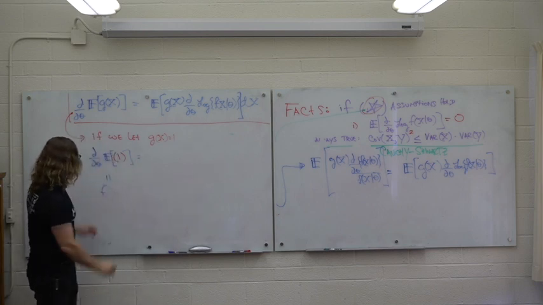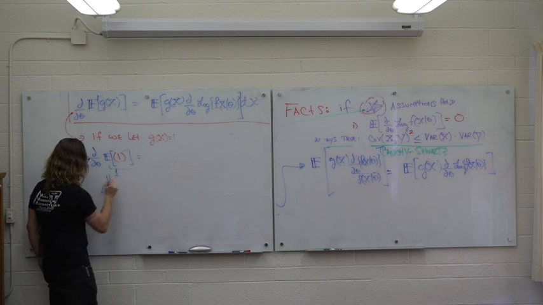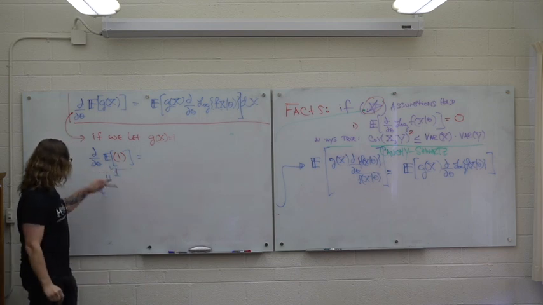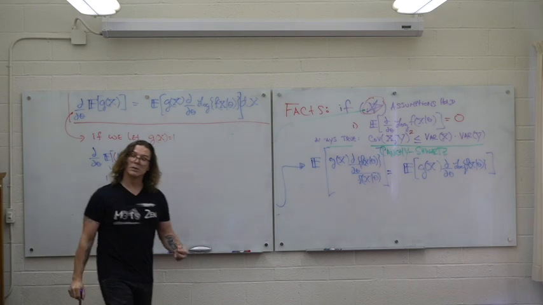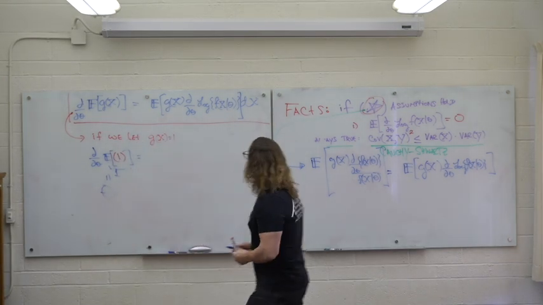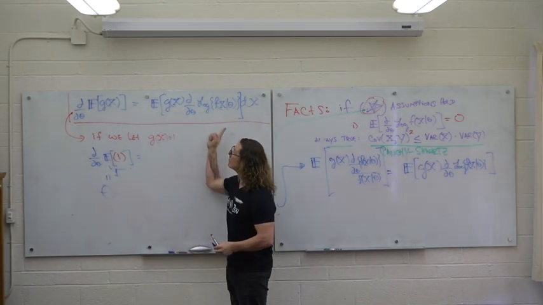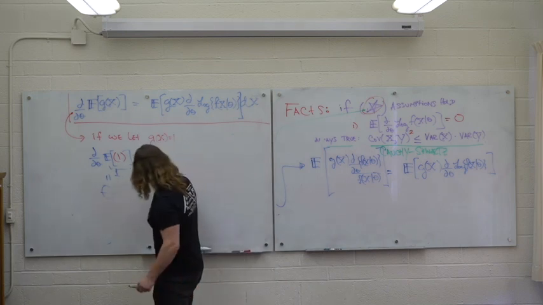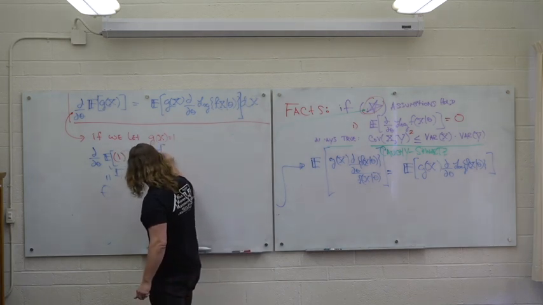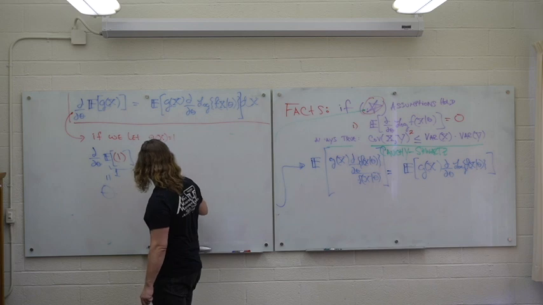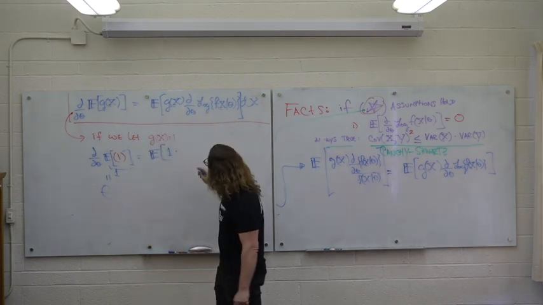Because the expectation of 1 is just 1. The derivative with respect to theta of 1 is 0. So it's 0, but I have another name for it. I can write it down like this. This is going to be the expectation of 1 times the derivative of the log function.